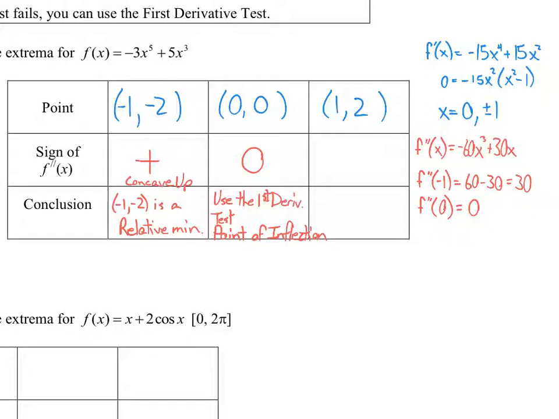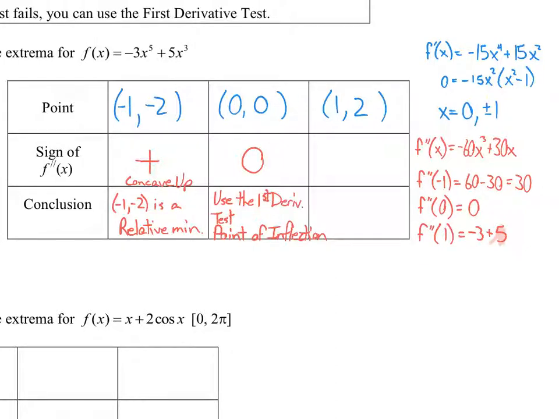So now we plug in f double prime of 1, and we get negative 3, negative 3 plus 5. Oh wait, hang on. Sorry, I'm doing f prime.